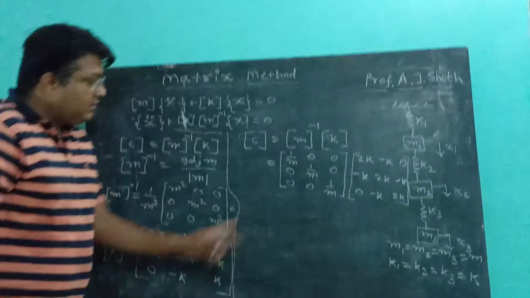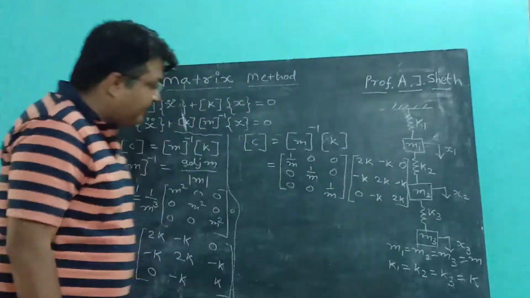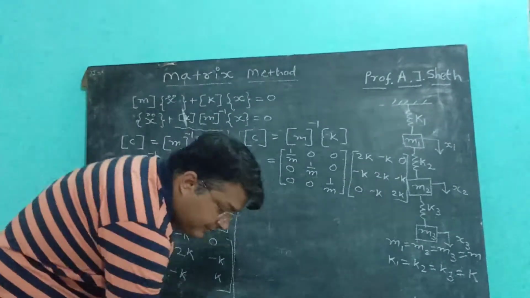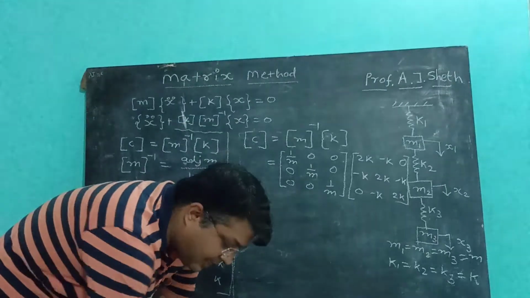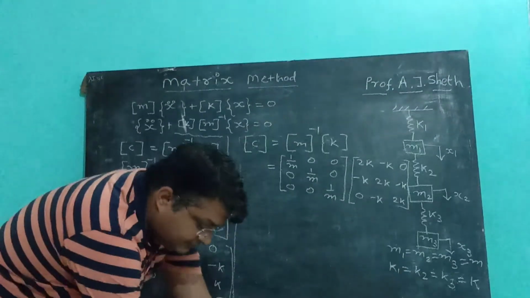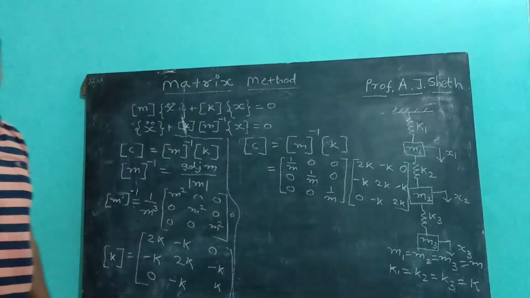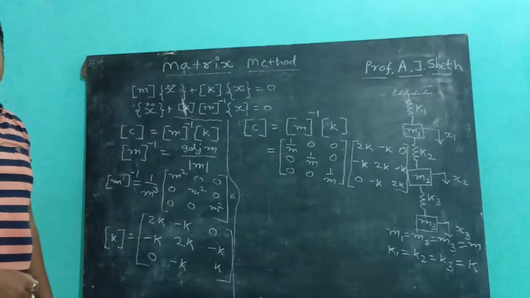Okay. Now when we multiply it, we have the K by M multiplier outside.